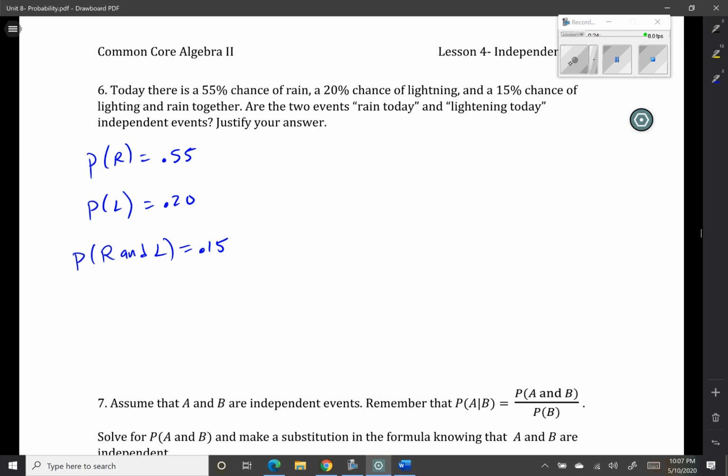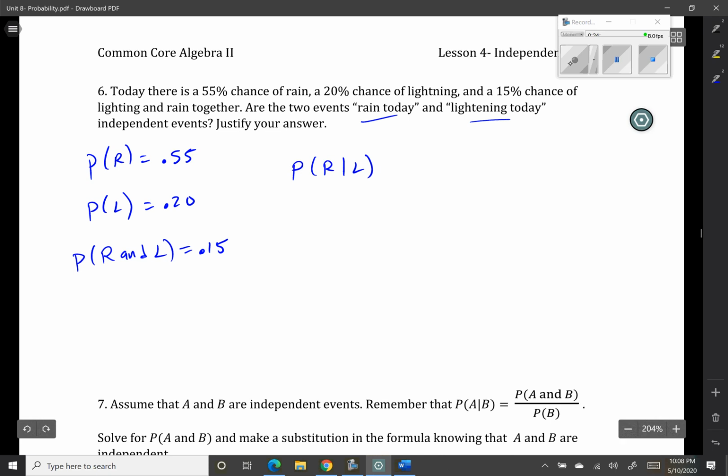To determine whether or not rain and lightning are independent, I need to find the probability of rain given lightning, or lightning given rain. It doesn't matter which one. I'm going to choose rain given lightning. And I want to see if that is the same as just the probability of rain. Does introducing lightning to the probability affect the probability of it raining out?